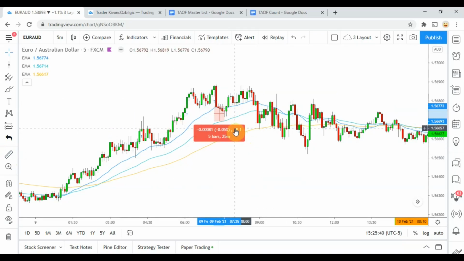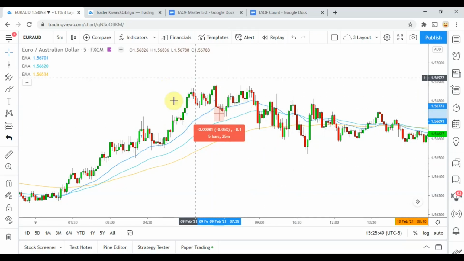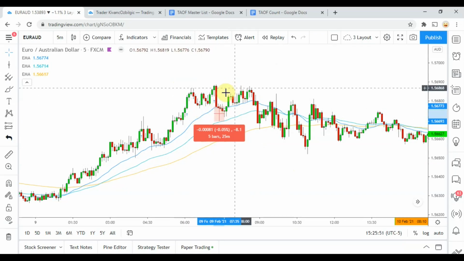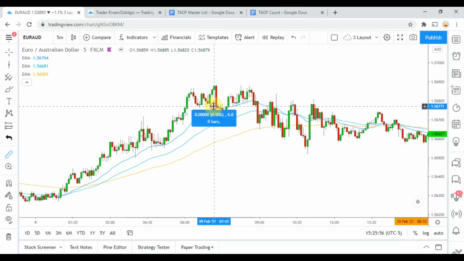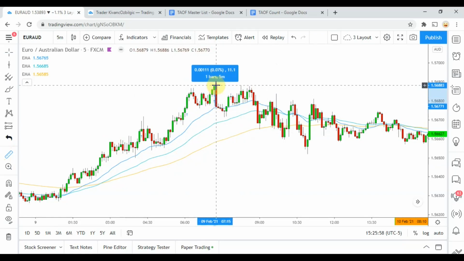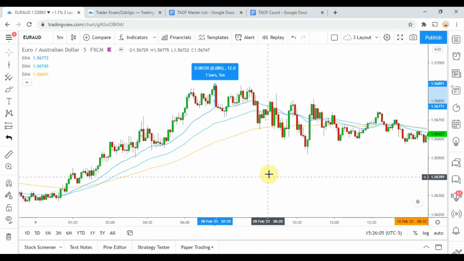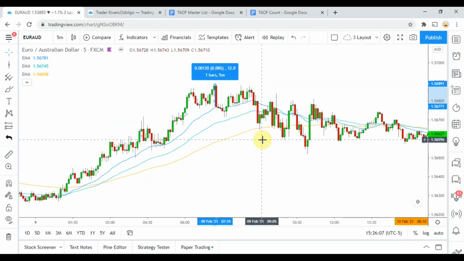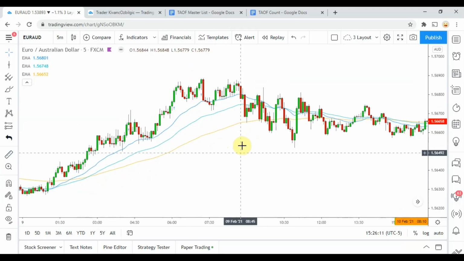In this particular case, the 50 period is at about 8 pips, so that would give us about 12 pips for the take profit. You would aim for your 12 pips, and in this case it got close. Right above these candles was 12, and it rolled over, came back down, and would have stopped us out. And so that's the setup.